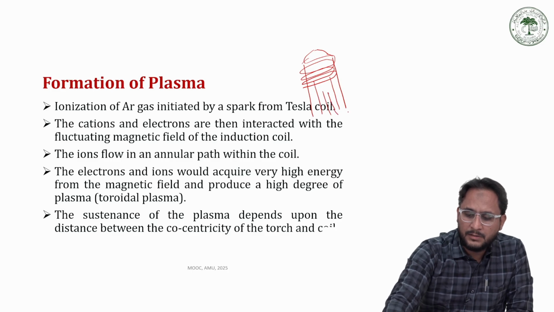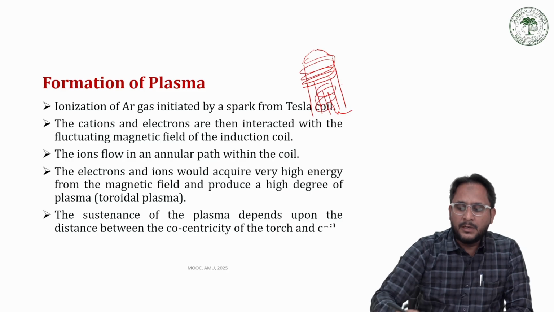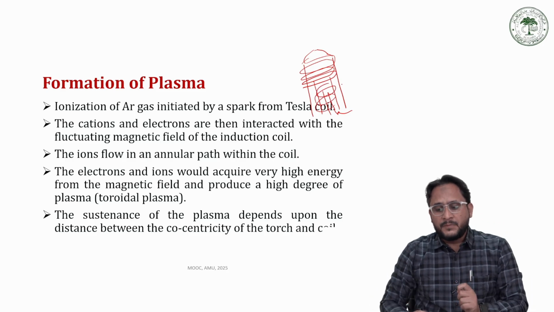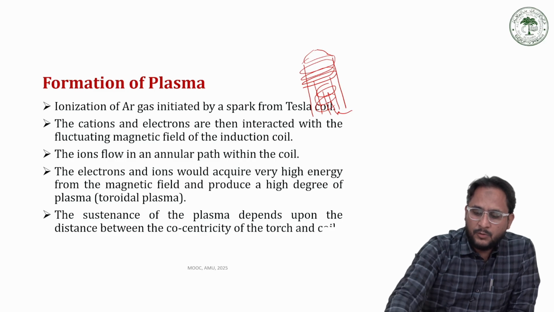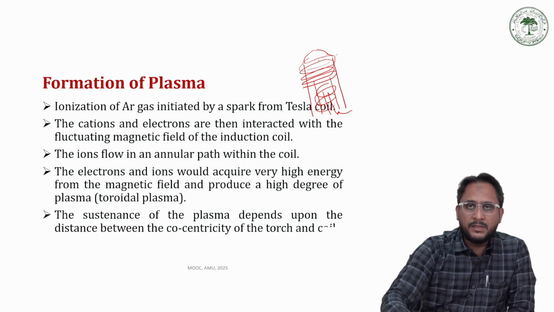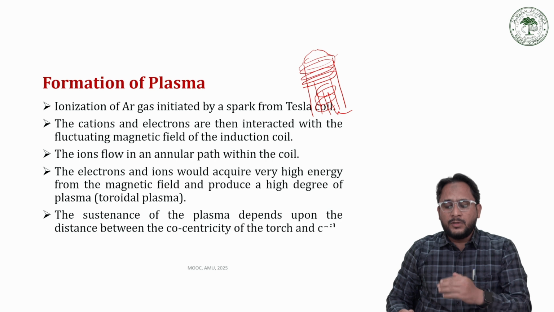So when the auxiliary argon gas passes in a tangential fashion into the middle tube, it moves up, and through these coils radio frequency is transferred into the torch.